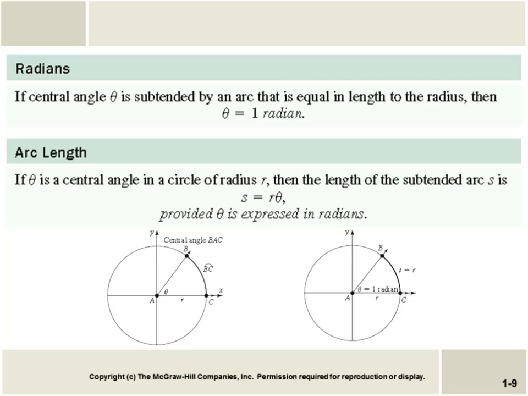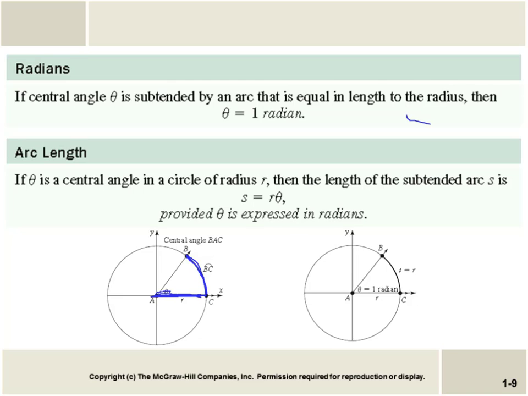So basically what a radian is, if this is R, so we have a circle, whatever the radius is, we'll call it R. Whatever that length is, if I wrap that radius around the circle, where it ends is 1 radian. Okay? It's 1 radian.